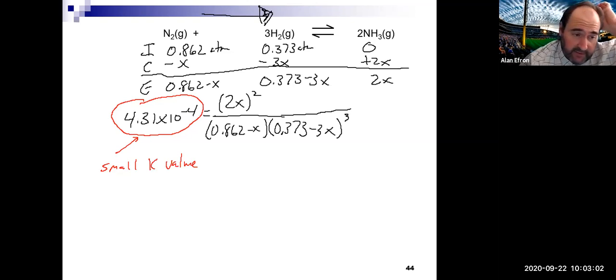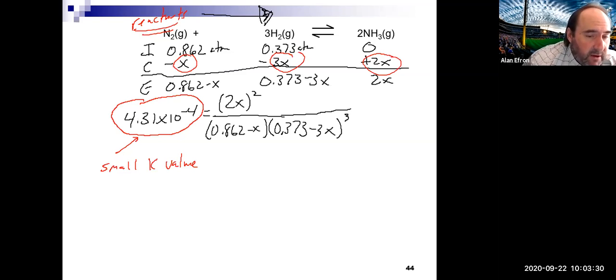Since it's small, as we've talked about before in this chapter, when this reaches equilibrium we should mainly have reactants present. And if we have mainly reactants at equilibrium because of the K value, that probably means the x's are going to be relatively small. So the change here is probably going to be relatively small.